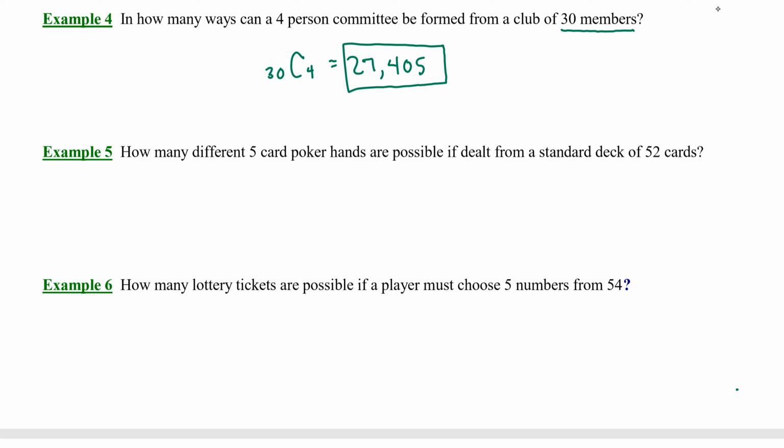Example 5. How many different 5-card poker hands are possible if dealt from a standard deck of 52 cards? So we have a total of 52 cards, and we're selecting them R at a time. So in order to choose between permutation and combination, I have to determine, does the order make a difference?